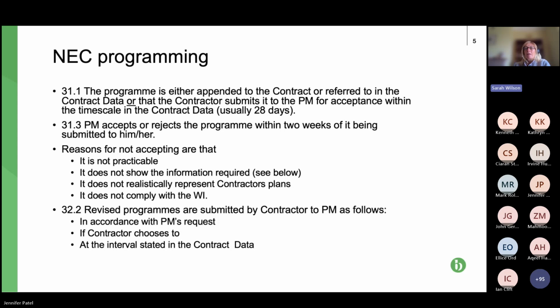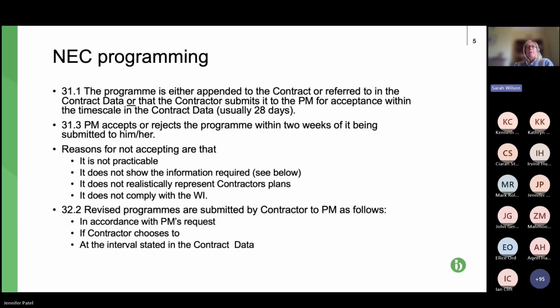And of course, a lot of these reasons are quite esoteric in a way: it's not practicable, it doesn't comply with the works information. It's all a little bit intangible, which is another reason why I prefer not to have this as an issue between the parties, because it does very much taint relations.